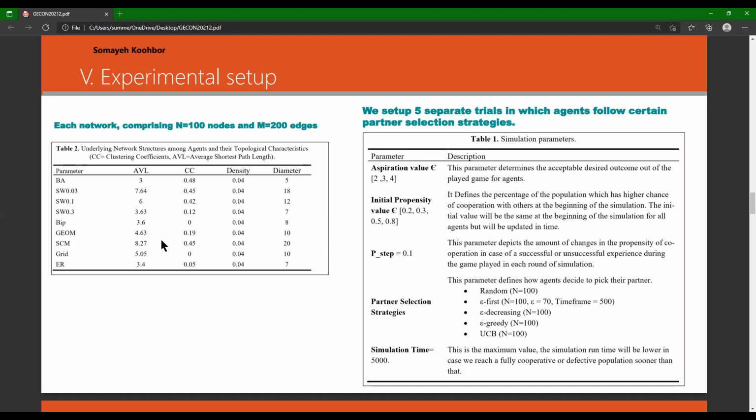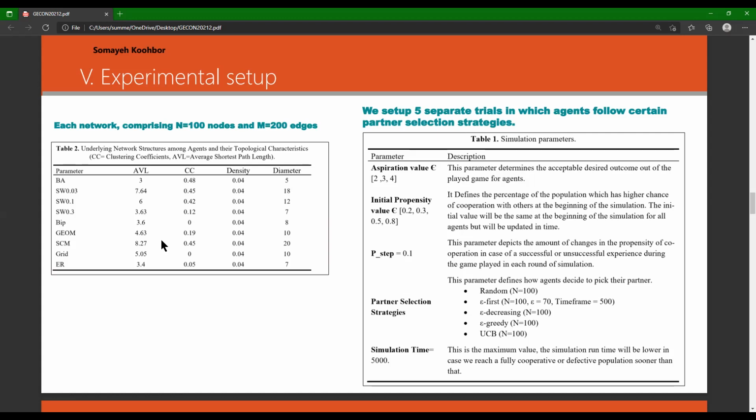There are some researchers, I think I have included the link, who performed the sensitivity analysis, and they figured out that if you go with 4 as the aspiration value, you can expect a population with a lower percentage of cooperative behavior, and 2 and 3 are those which are appealing. So we also followed the previous works in this area. Anyway, the range I've mentioned here.